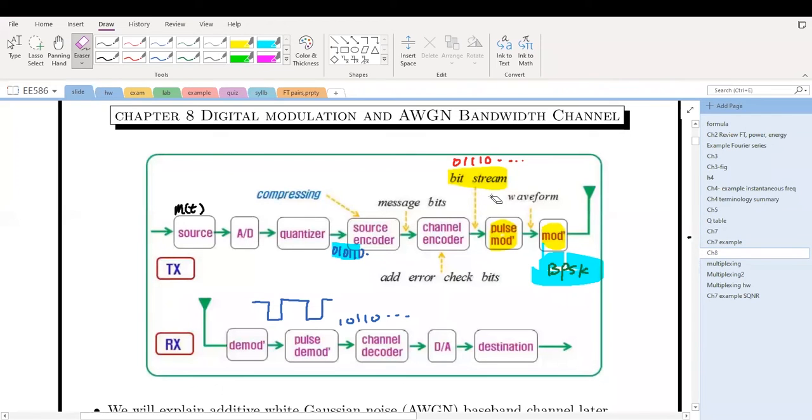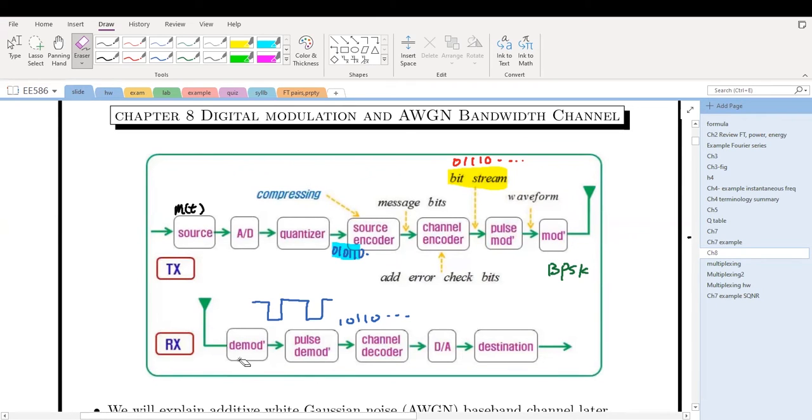Next, let's discuss our lab. In the lab, we start with the bit stream, 0s and 1s. Those are digital bits. We perform pulse modulation, and then the waveform of those pulses is modulated into high frequency. We use the BPSK scheme, and the phase is different for digital 1 and digital 0. We're going to discuss that in detail shortly.